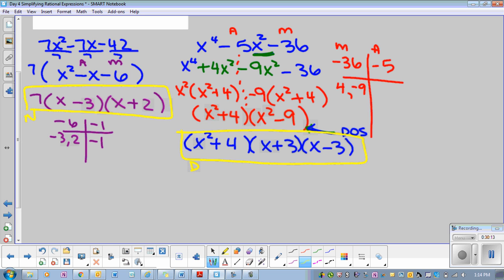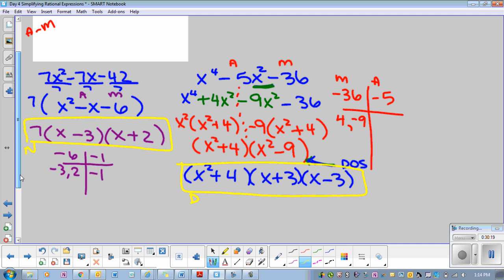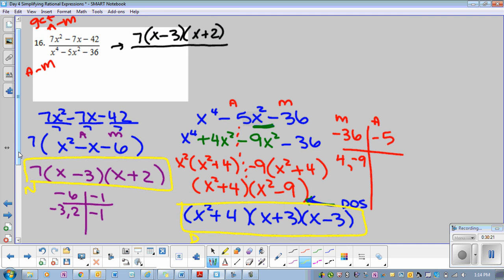A lot of work, but it's all factoring. It's just all factoring. So down at the bottom in my denominator, I would have x squared plus 4, x plus 3, x minus 3. The x minus 3 is crossed out, and then your x minus 3 is crossed out.